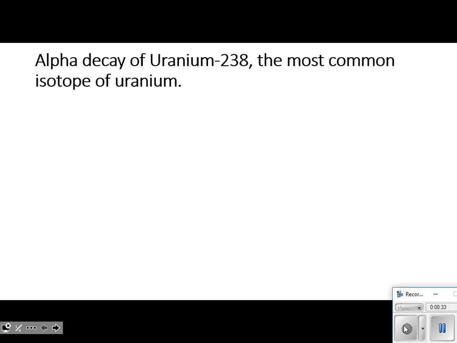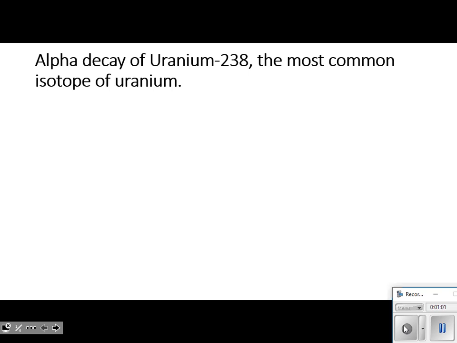We talked about alpha decay, beta decay, positron emission, and electron capture. So we are going to work an example of each one of those before I assign you a worksheet over writing nuclear decay reactions, which is due tomorrow.